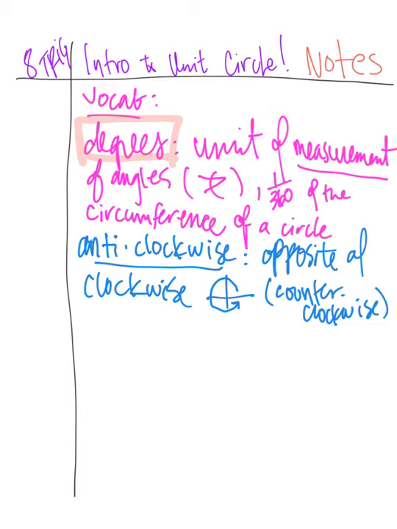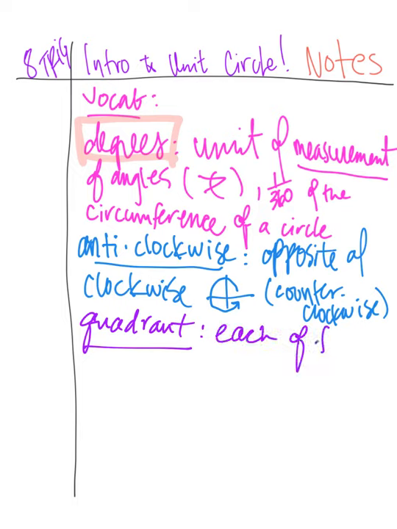And then the last one, well, it's not quite the last one, is quadrant. A lot of you have been using this word throughout your math life, which is great. But the actual definition is from a circle. Each of 4, quad, like the quad in your leg. There are 4 muscles that make up the quadricep, in case you didn't know.